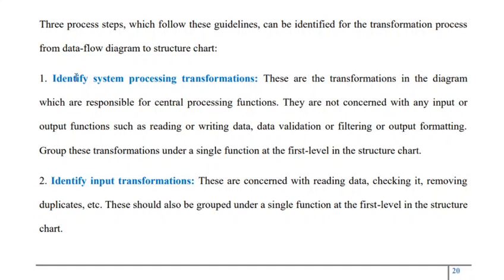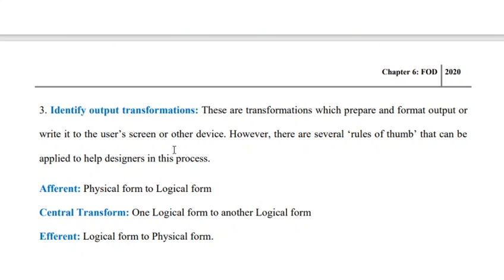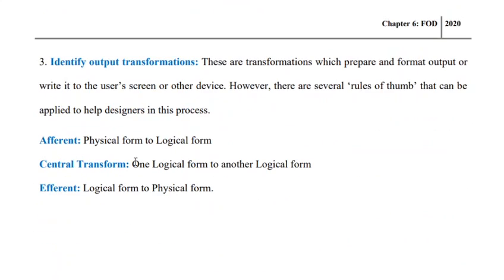System processing transformations convert logical data into logical data of another form. Input data transformation takes in physical data and converts it into logical form, and output data transformation converts logical data back to physical data. This is very much important. So thank you very much. Have a good day.